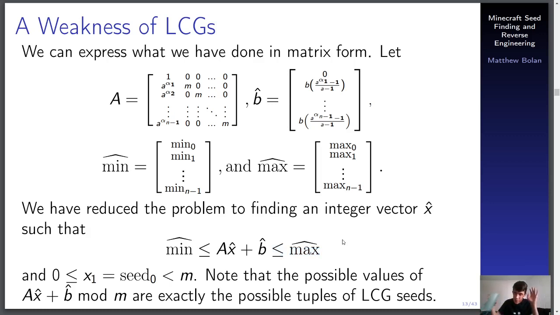So, if we can find integer vectors such that this is satisfied, I claim that that is exactly equivalent to seed finding. Okay, so let's see why, right? Oh yeah, subject to this condition as well, that we have the bound on seed 0.